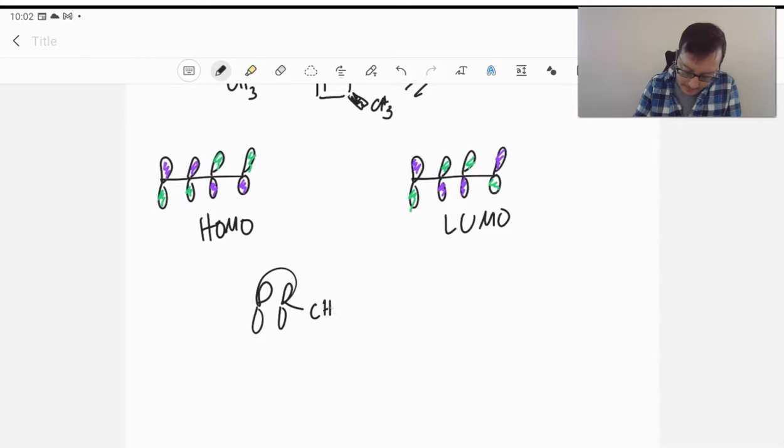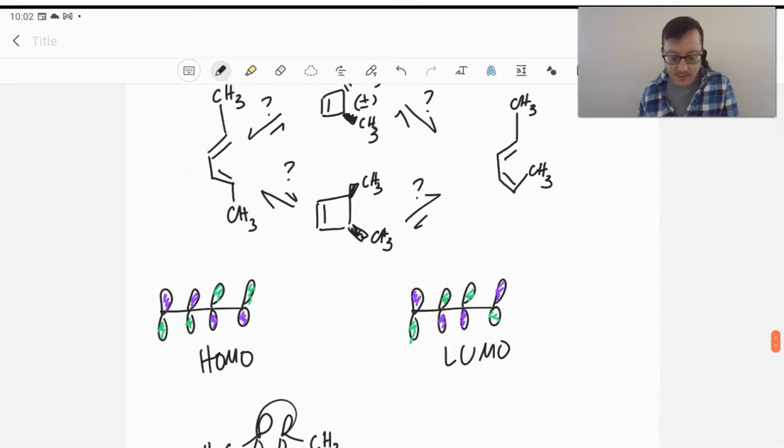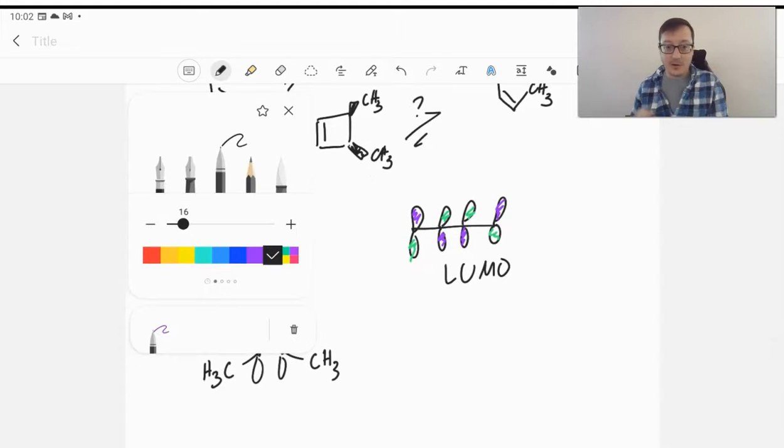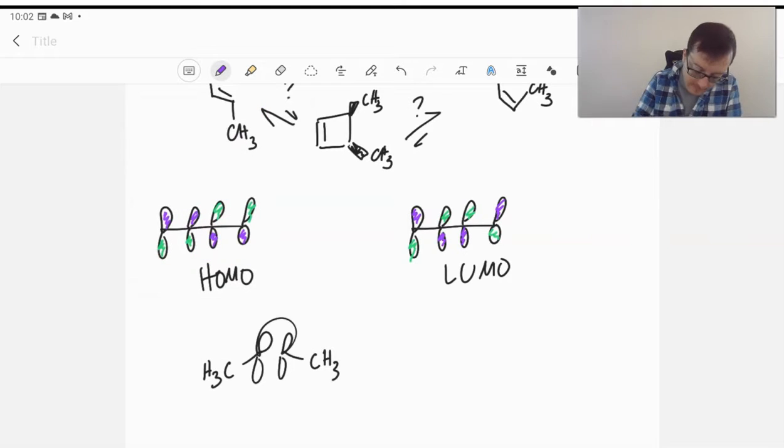in this example, again, we're going to have our methyl groups pointing opposite directions. So notice we have one up, one down. So they are pointing opposite directions from each other. And if we look at just the end orbitals, so on 1 and 4, we see we have purple up, purple down.